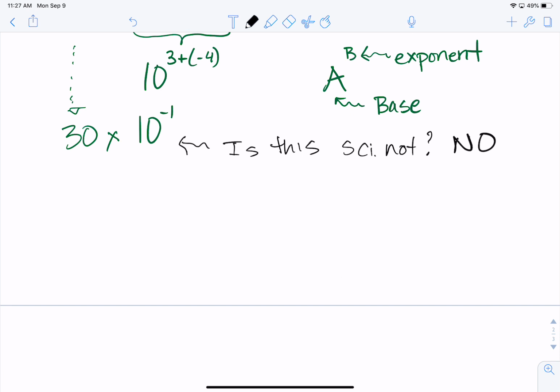Why is that not scientific notation? Negative exponents are okay. You can have 10 to the negative. You just can't have a fraction. Right? That's probably what you were thinking about. Oh, lots of hands. I haven't heard from you, Amanda. Yes, 30 is greater than 10. That number has to be between 1 and 10. So where do I wish the decimal was? I wish it was right there.